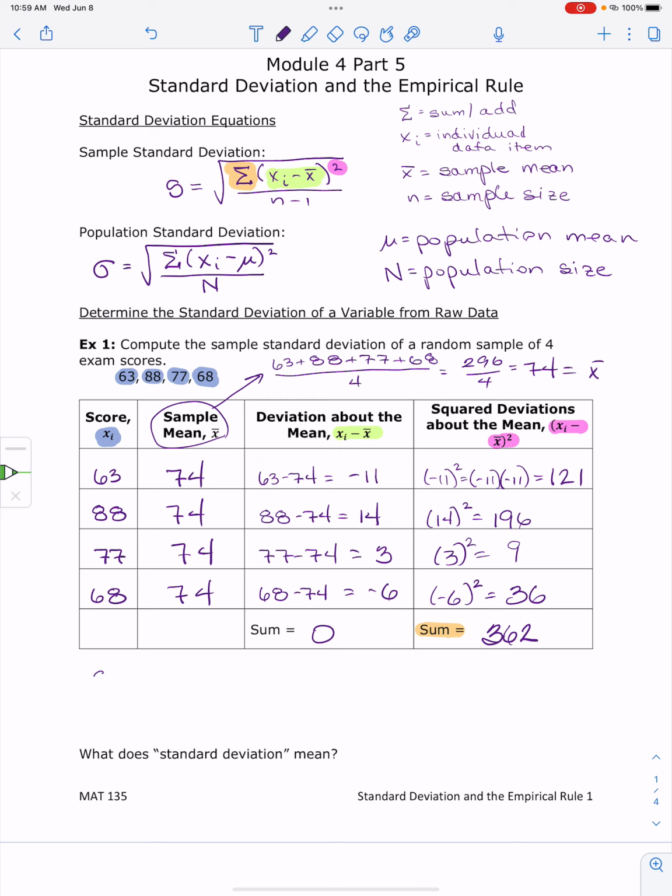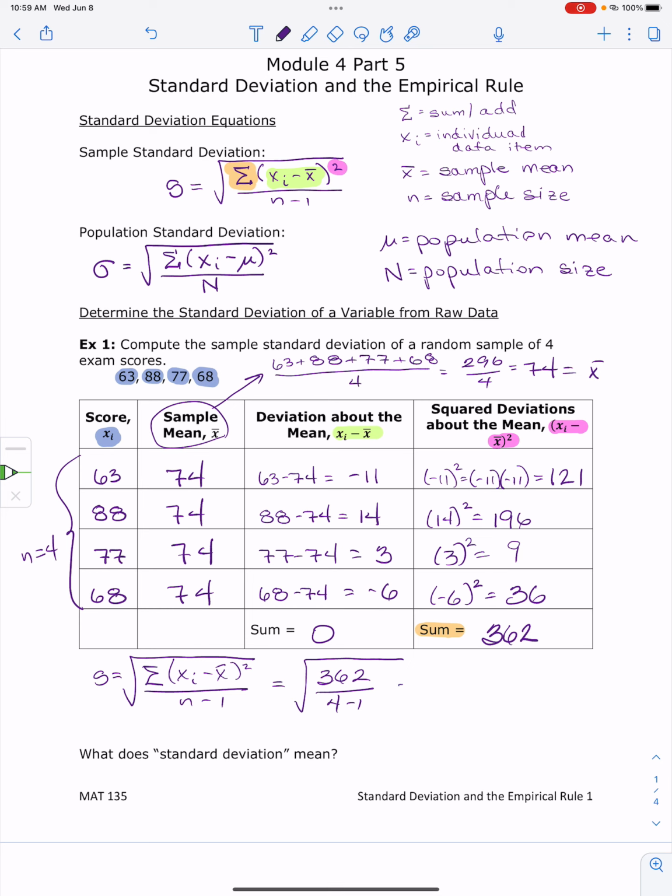So I'm going to write this out and fill that in here for you. x sub i minus x bar squared over n minus 1. We just found that numerator is 362. My n is 4. I have 4 items in my data set. So that 4 goes right here. 4 minus 1 is 3.